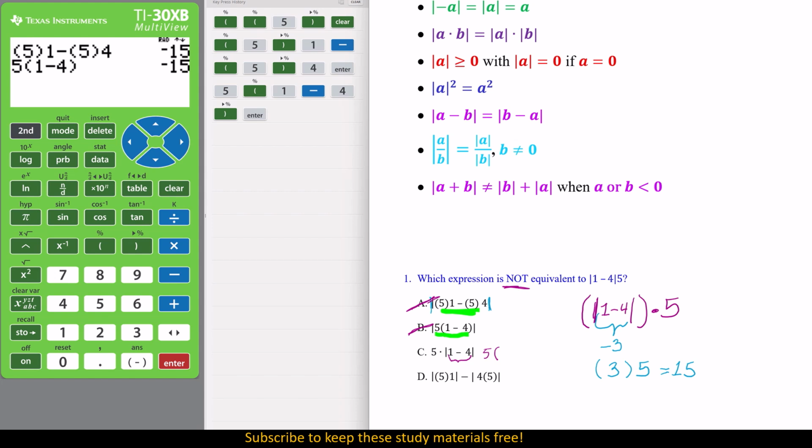And when we pull it out of the absolute value, we have 3. And we know that that is 15. Well, that's equivalent to what we want. So I'm going to mark that out. Well, I really hope D is the one that is not equivalent. Well, let's look at that.